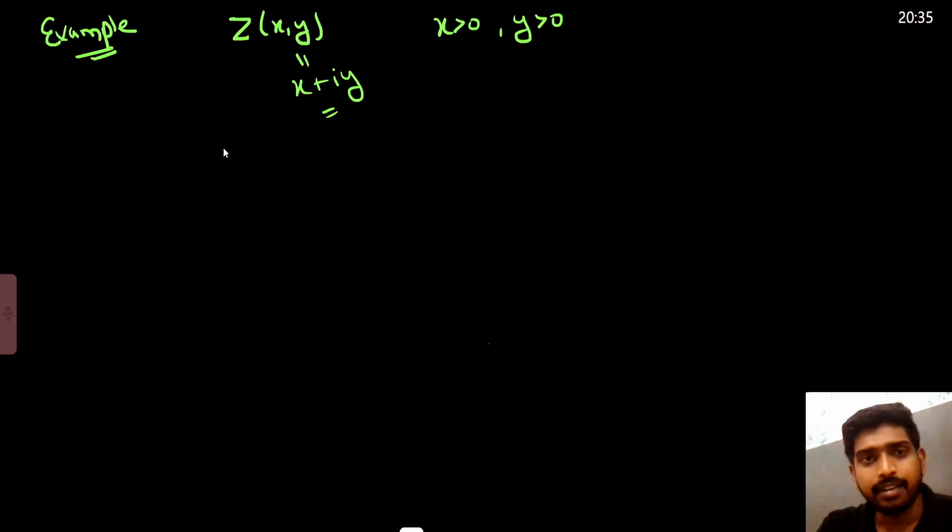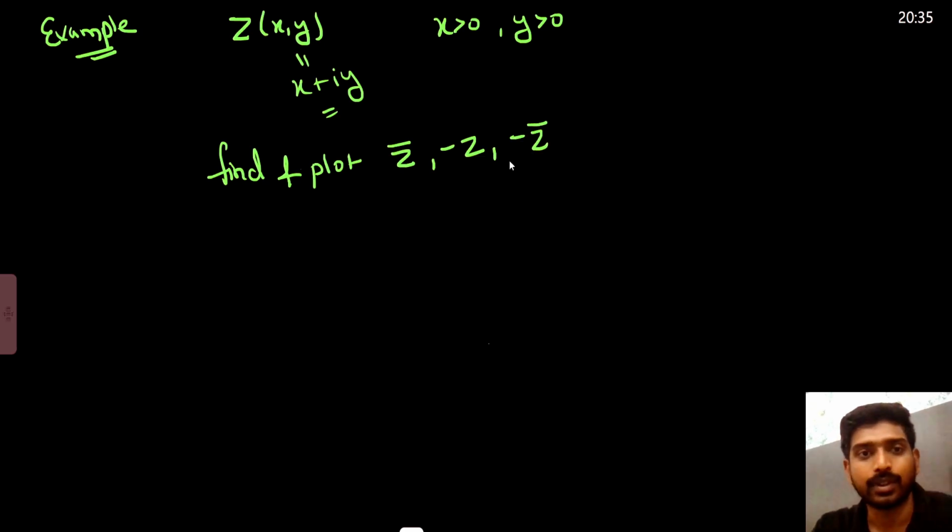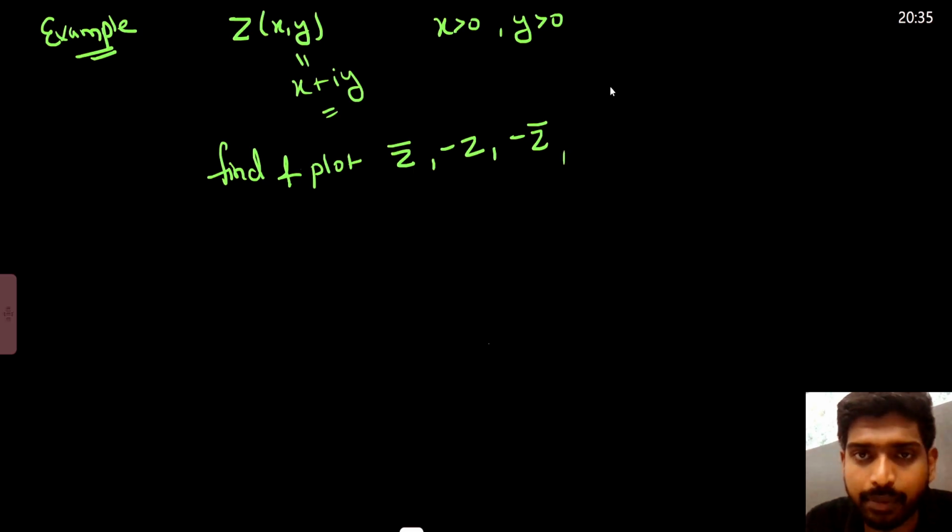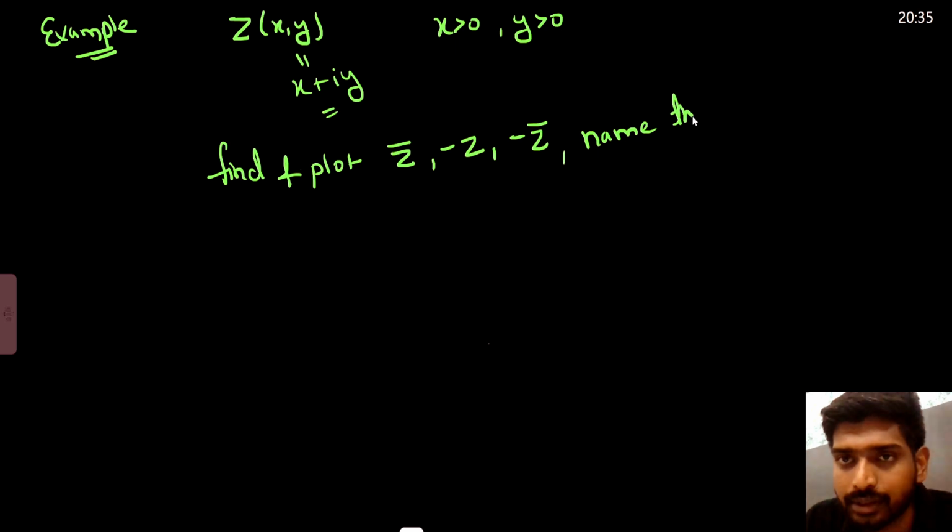Now they are saying find and plot z bar, minus z and minus z bar. In the complex plane we have to plot and then name the figure thus formed.